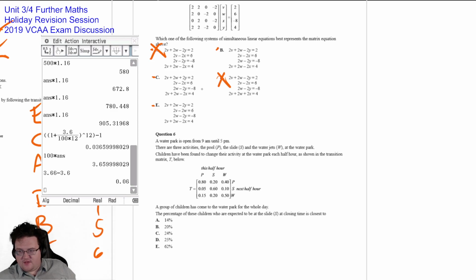Cool. That one's okay, and that one's okay. Next one. 2v plus 0w minus 2x. Oh, can't be that one. So we're down to B and C. Go to the first one. 2v plus 2w plus 2y. Nope, can't be that one, therefore it's B.